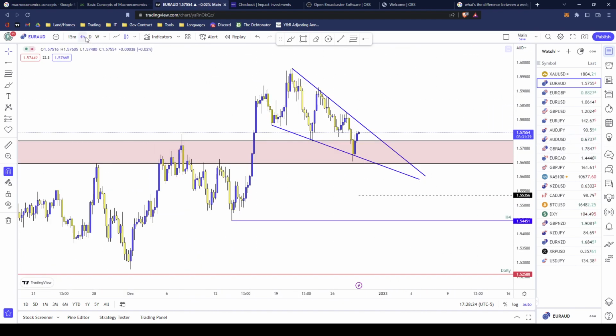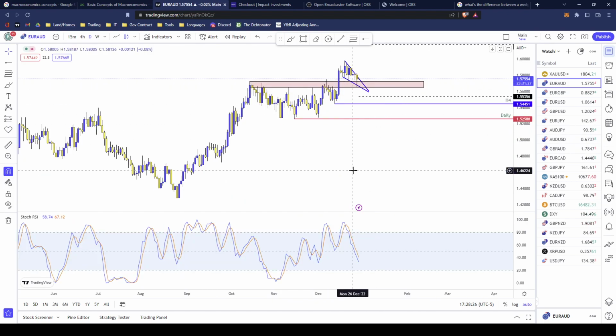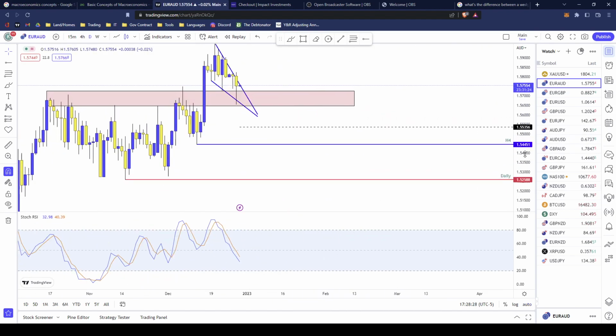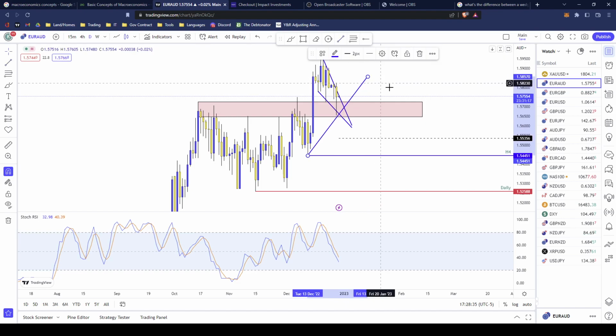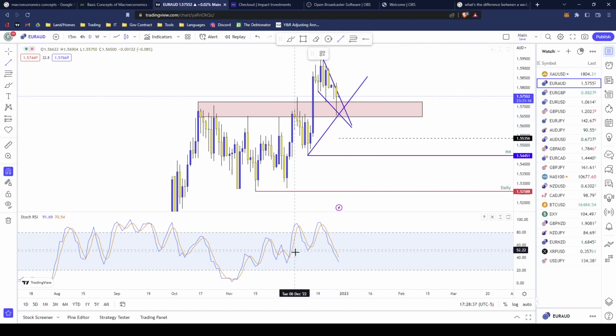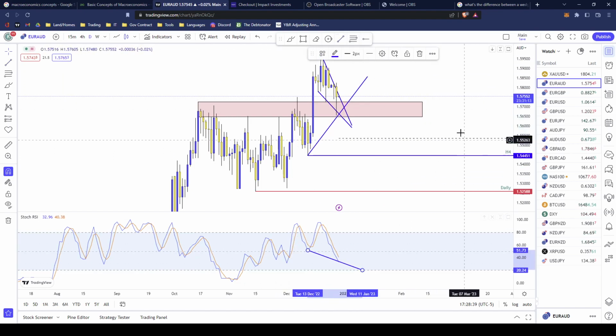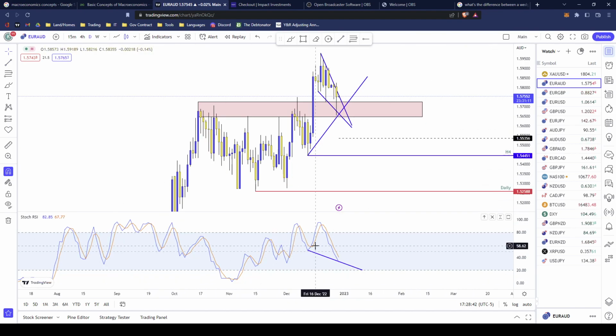Not only this, but on the daily, we can also see that there's some divergence from the RSI. So we see that this level here is diverging with the overbought oversold status of the pair that we're looking at right now. We see that it's more oversold at a higher price.